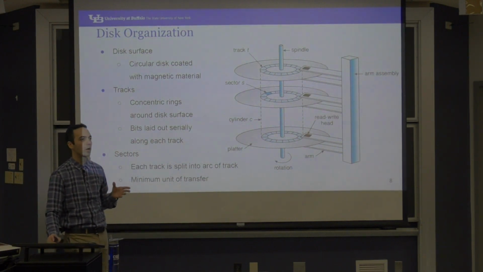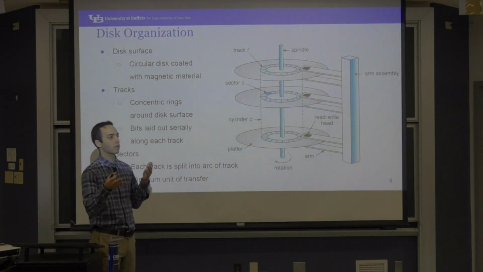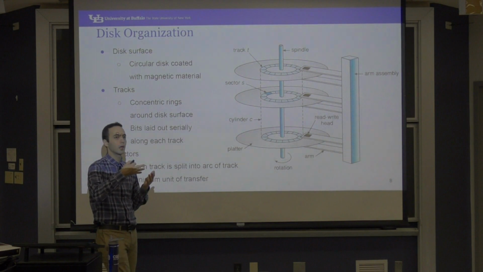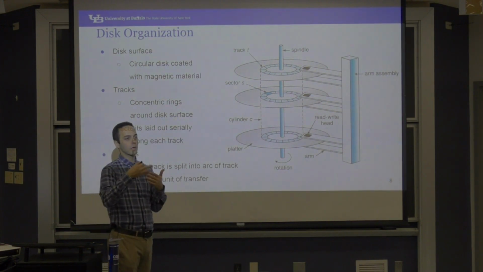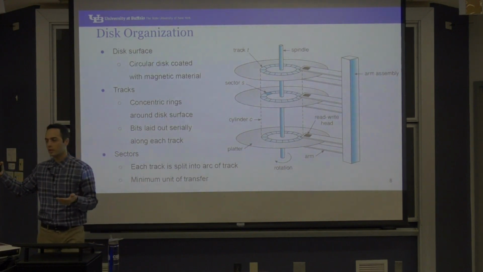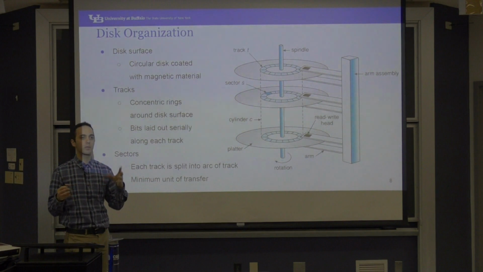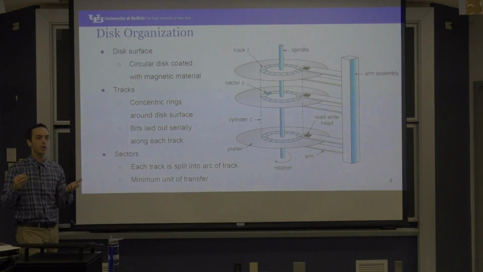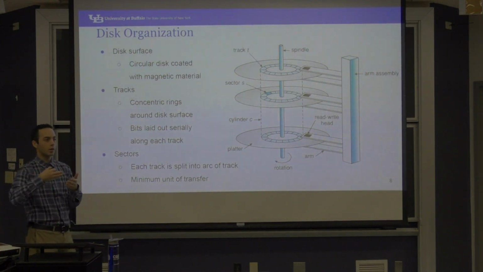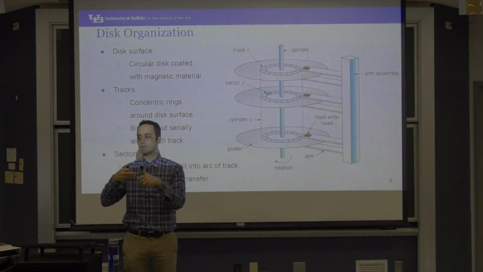So if you keep the constant rotation, then if your arm is on the inner circle, it's moving more slowly than if it's on the outer tracks. For example, CD drives sometimes change the speed based on where the arm is going, so that wherever the arm is looking on the platter, it's reading at a constant rate.